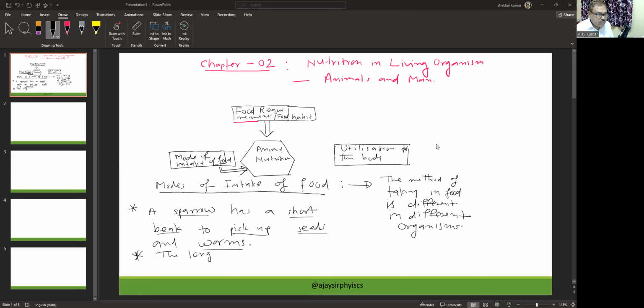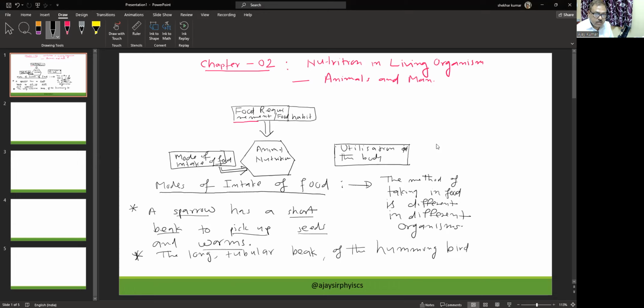The long tubular beak of the hummingbird. Yes, this line has to be taken care of.